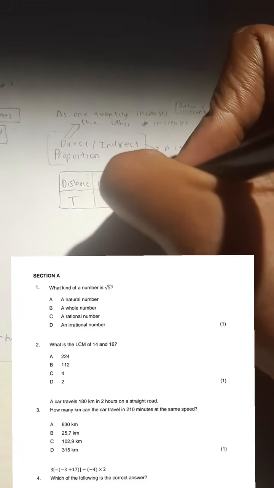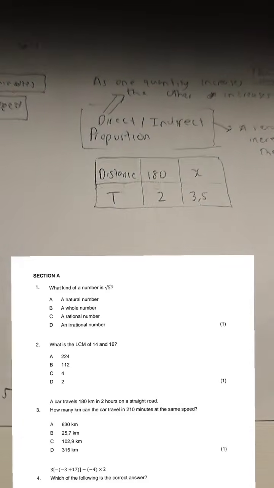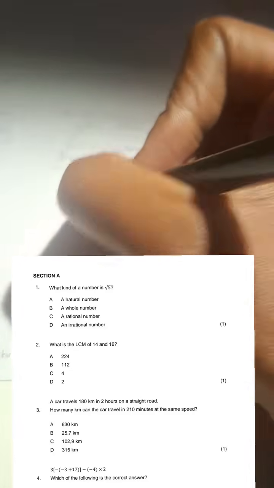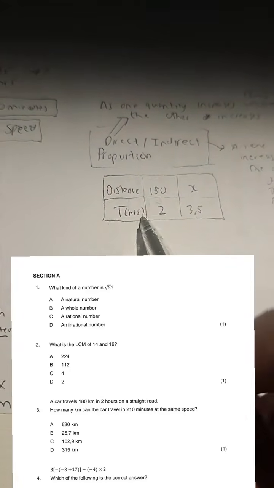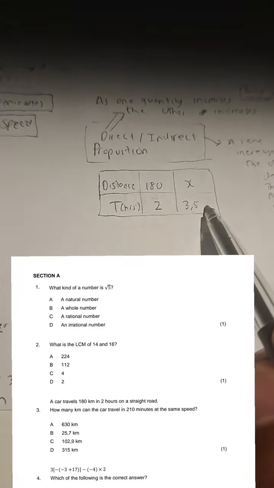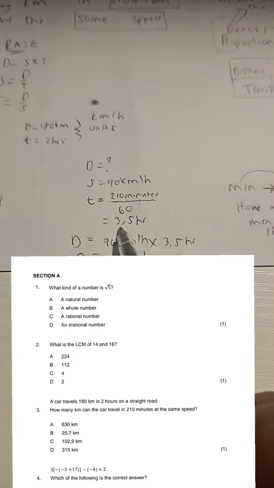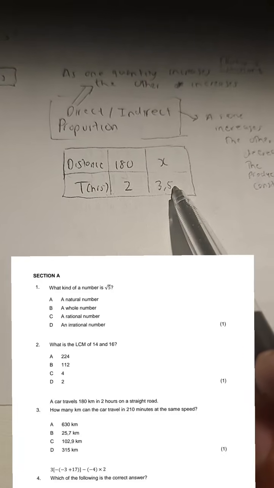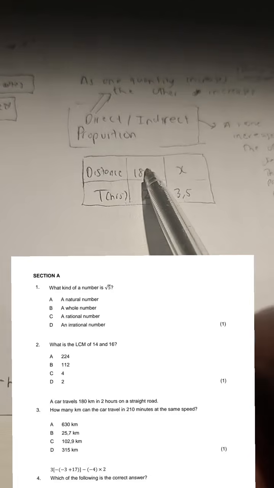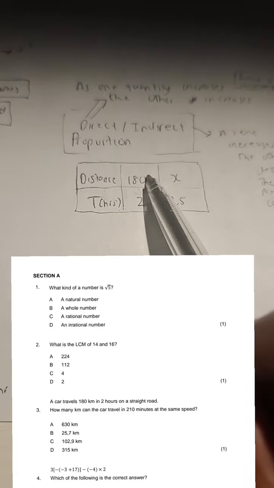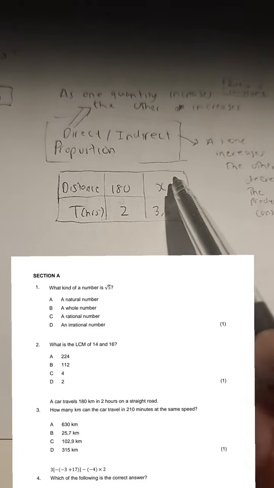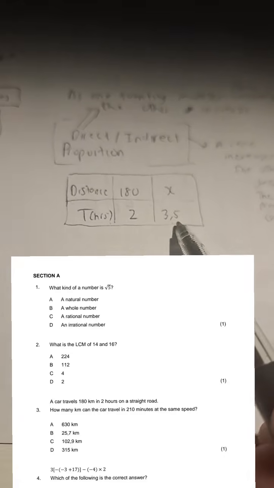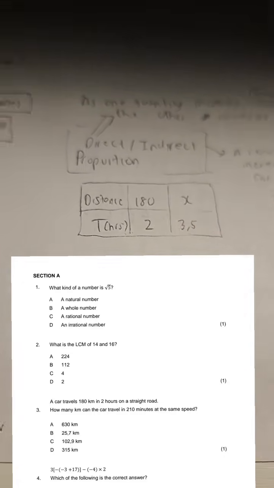Since we are dealing with time, we want to have the same time unit. So 210 minutes, we divide by 60, we get 3.5 hours. So when the car is traveling a distance of 180 kilometers, it's taking 2 hours. Now the question is, how much distance is it traveling in 3.5 hours?